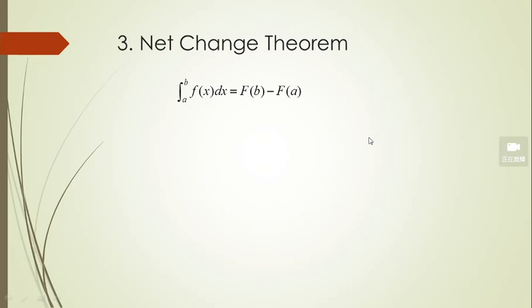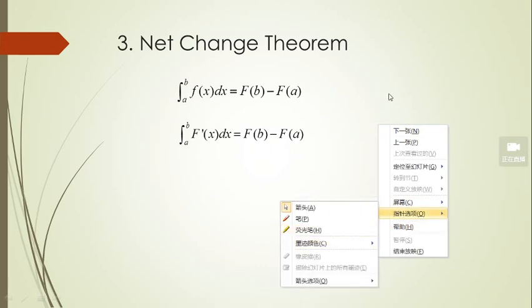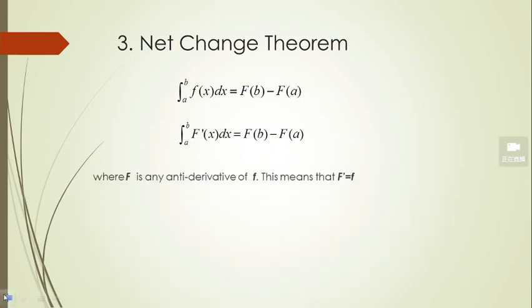You will see that we repeat the FTC again and again, which means this theory is important and we need to apply it when working with the definite integral. Now, I should mark the notation.